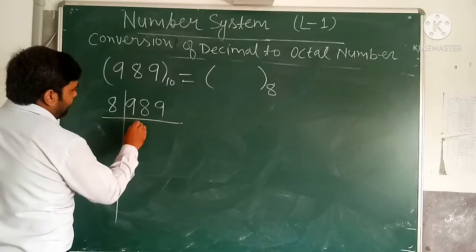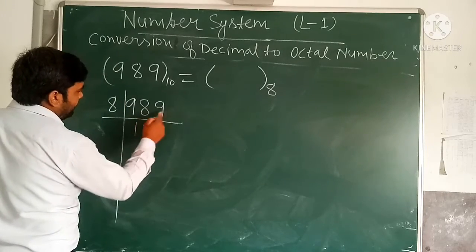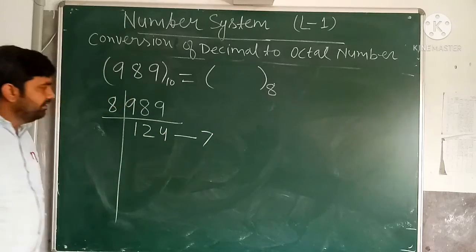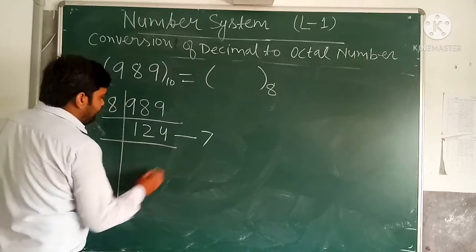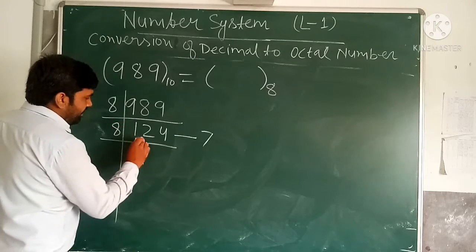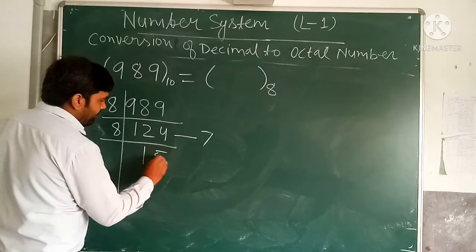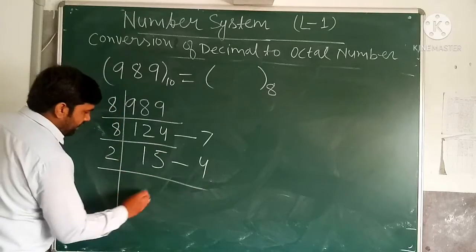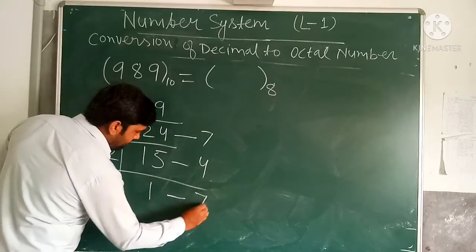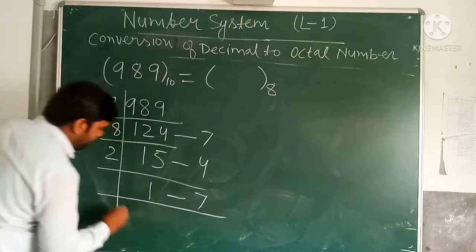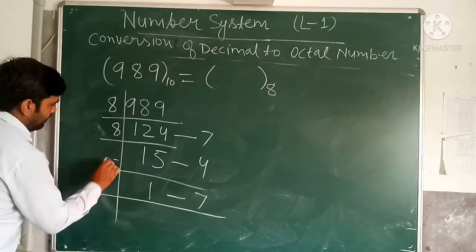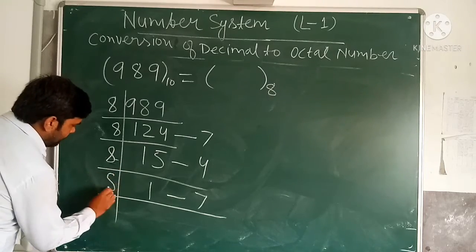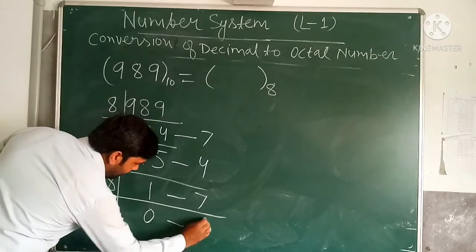Now 8 1s are 8, 18, 8 2s are 16, 29, 8 4s are 32. The remainder will be 5. Now again you divide this number. 8 1s are 8, 8 5s are 40, remainder 4. Again you divide. 8 1s are 8, remainder 7. Again you divide. Now 8 zeros are 0, remainder 1.